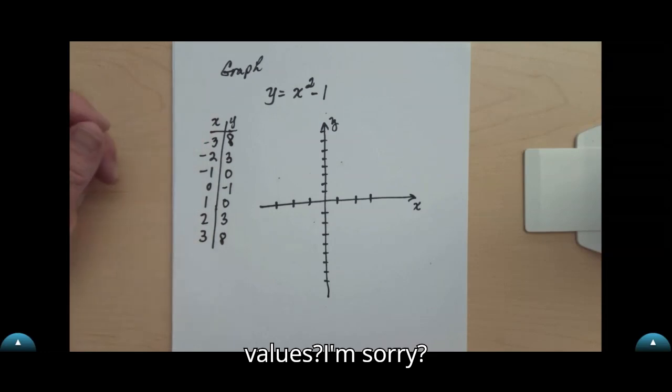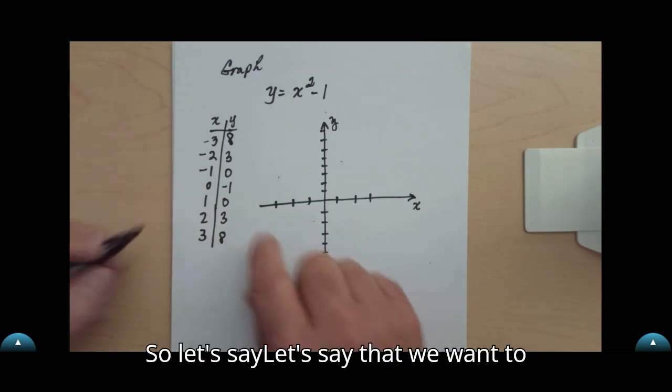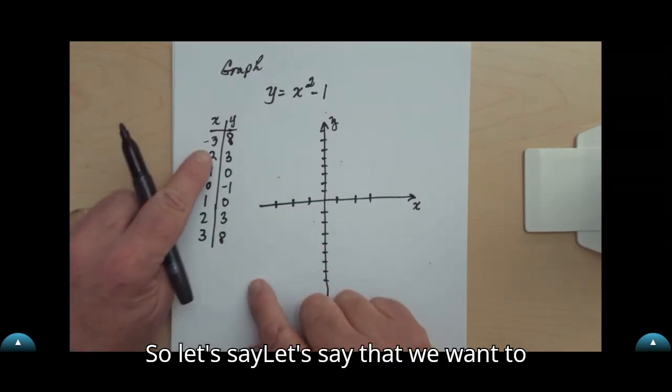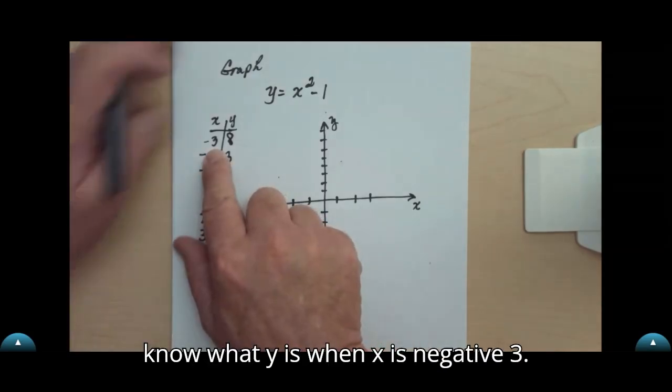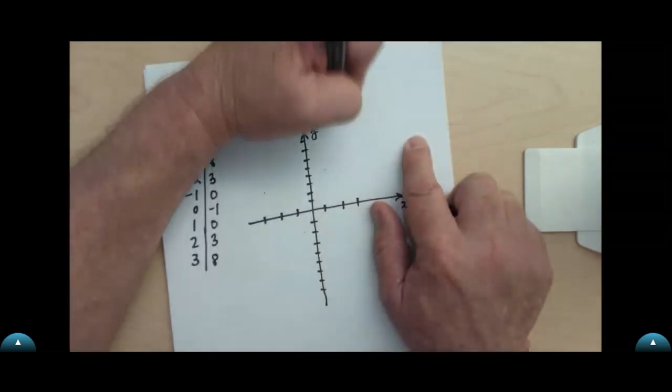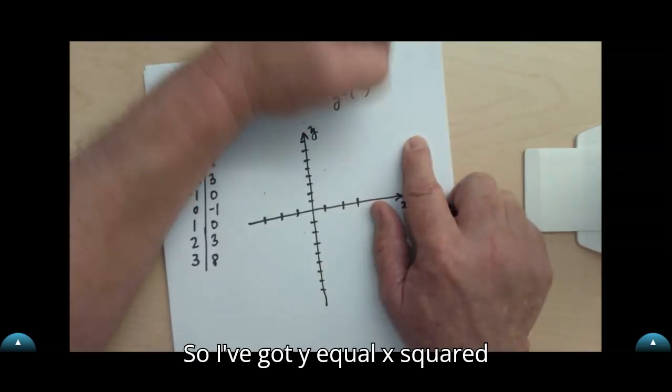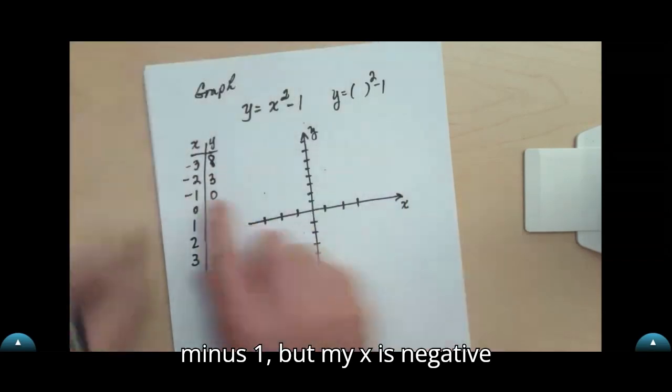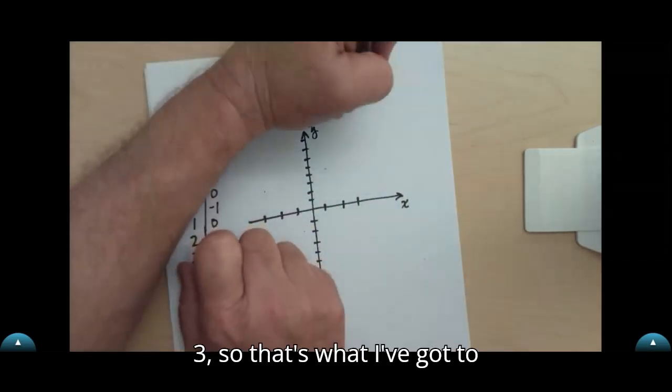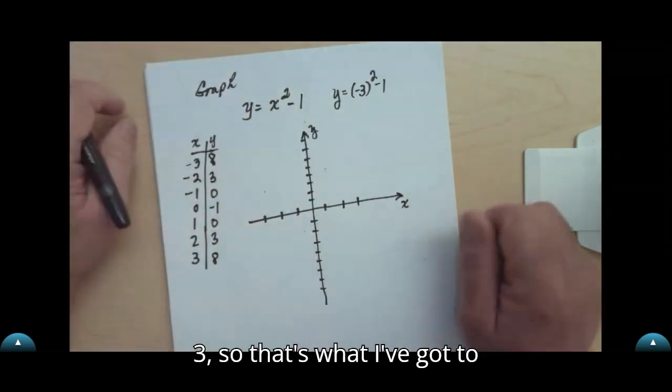So let's say that we want to know what y is when x is -3. I've got y equal x squared minus 1, but my x is -3. So that's what I've got to calculate.